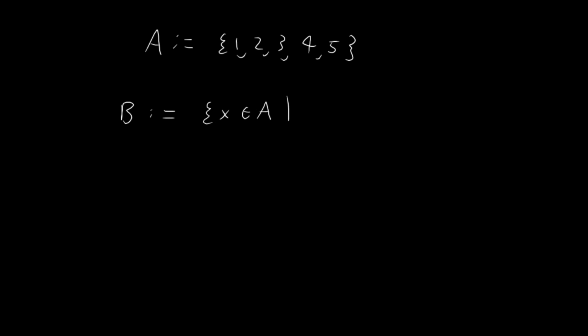We can also use set builder notation to extract a subset from an existing set. Let's say, for example, A is the set consisting of the numbers 1, 2, 3, 4, and 5. Now I want to define another set, B, to contain all the numbers within A that are even, and we can use set builder notation to express this. We'll write this out as the set consisting of the elements x, which are elements in A, such that x is even.